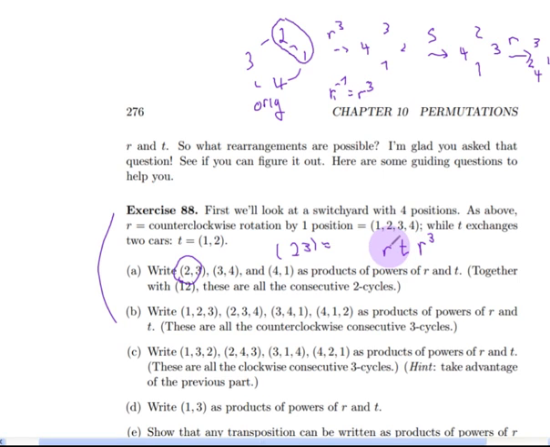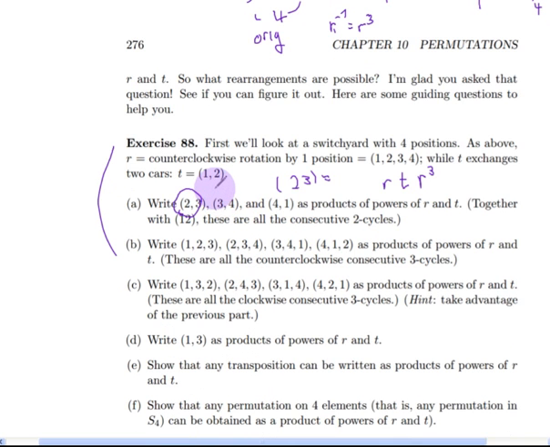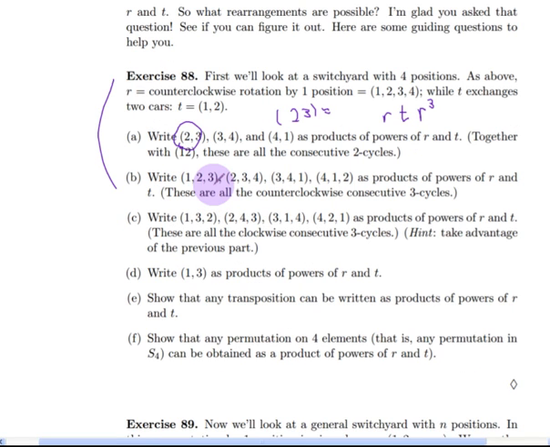So I was able to express this using powers. Now you should be able to do the same thing for (3 4). Think about what we did here. We rotated, then we switched, then we rotated back again. Right, now it turns out that you can build up these operations to get these.